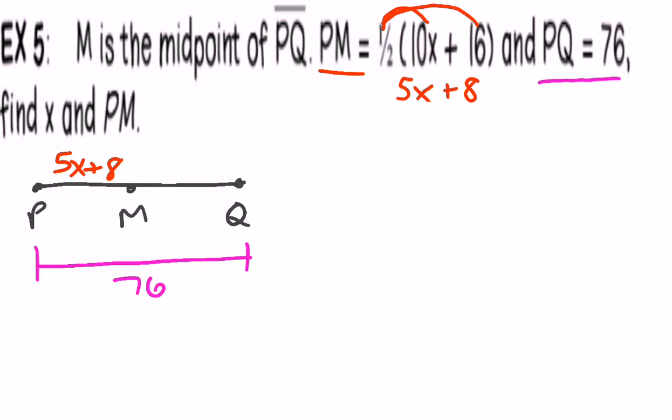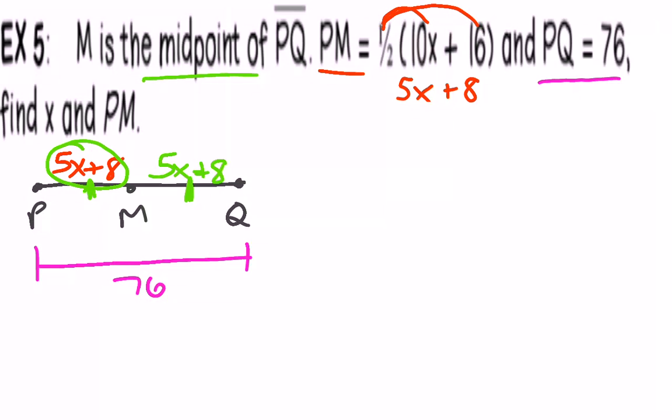Well, I forgot to put one thing. We're missing one thing on our diagram. We started by saying it's the midpoint. So what does the midpoint mean? That these two pieces are the same. They're congruent. So if PM is 5x plus 8, that means MQ is also 5x plus 8.